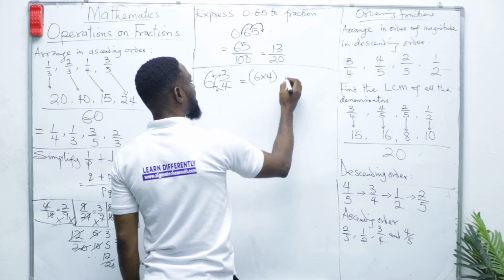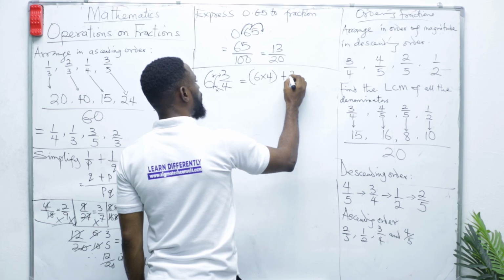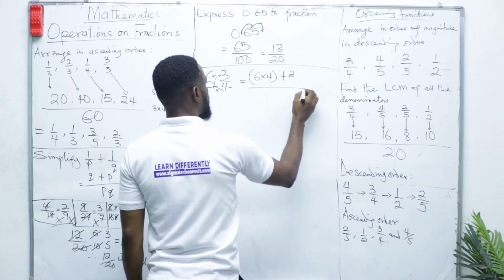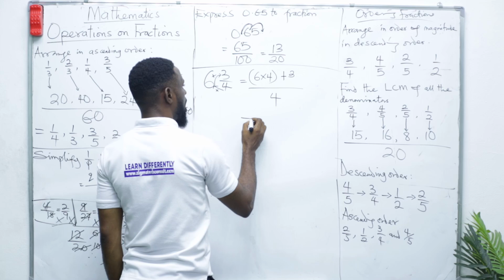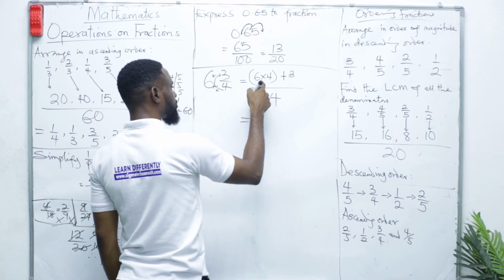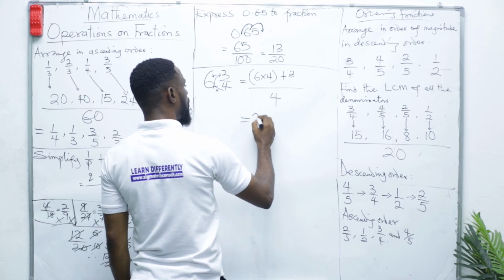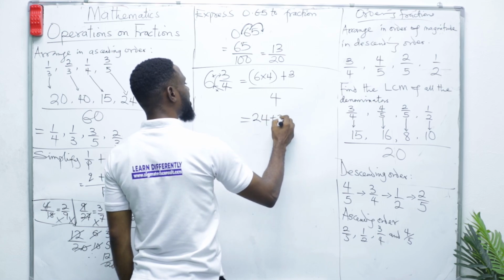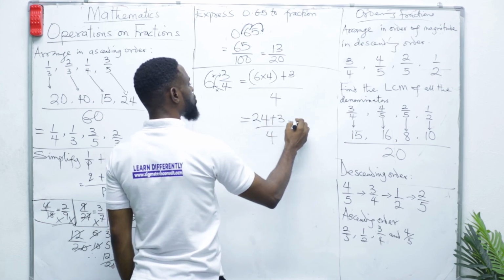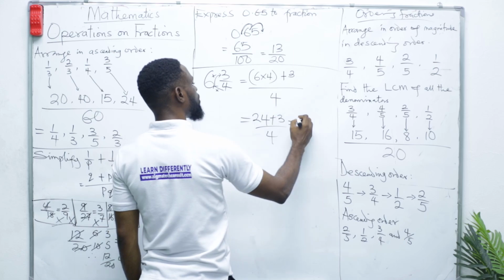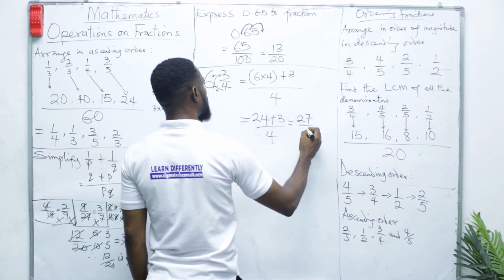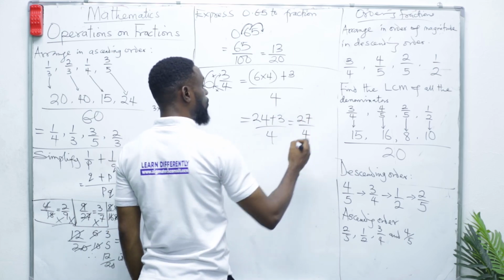The answer we get, we add it to plus 3 and we divide it by 4. So 6 times 4 is 24 plus 3 all over 4. So it will now be 27 over 4.